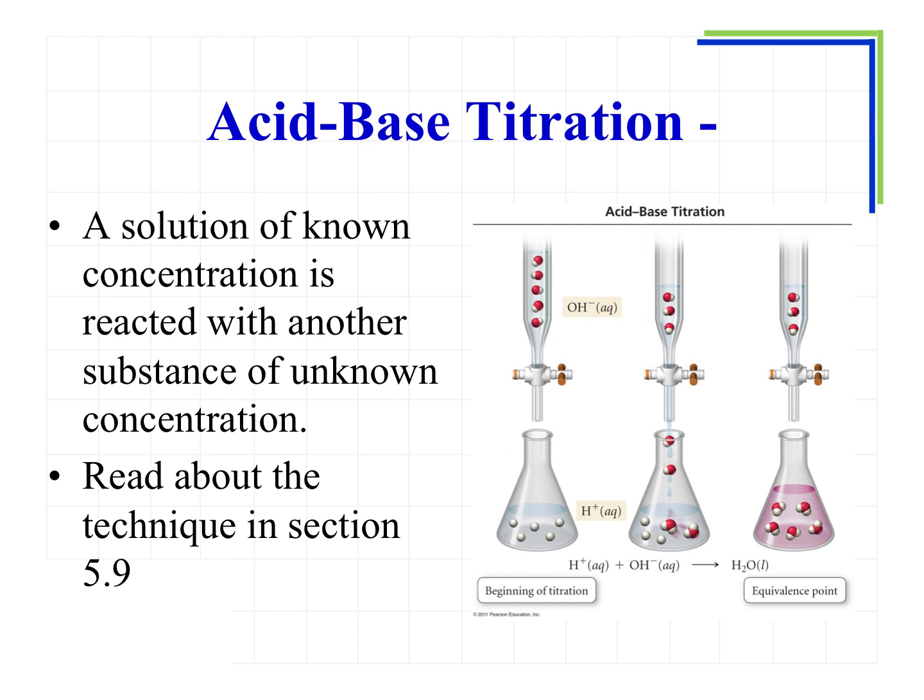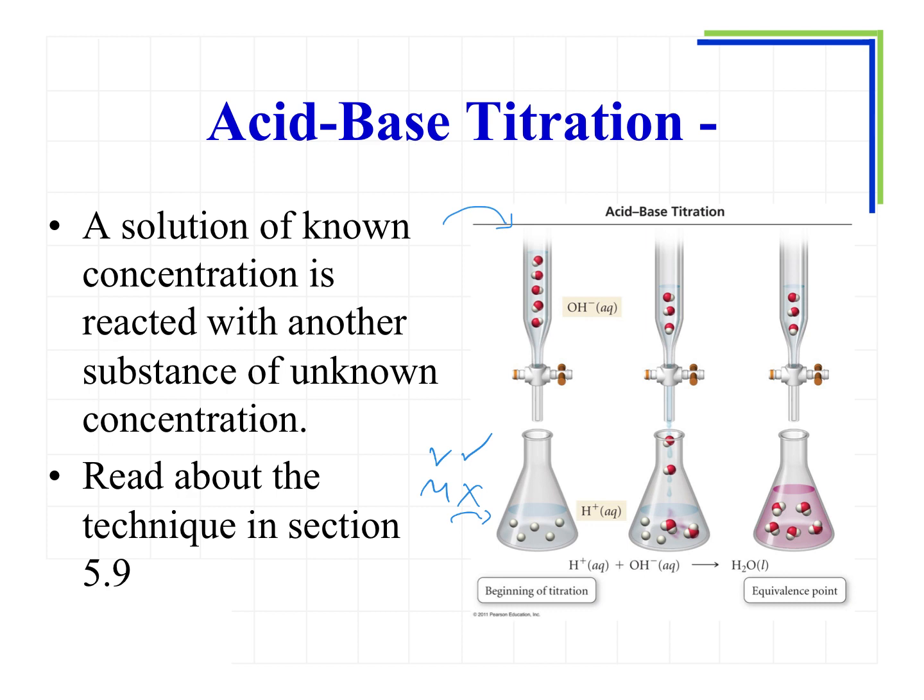So we usually add the unknown solution in the flask, so the volume is known, the molarity is not known, and we add the other reactant that we are going to do the titration with in the burette. If you've done the labs, you know how to do that, or you're going to practice to do the titration.